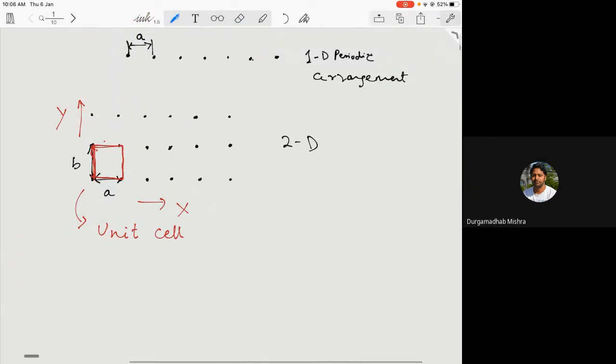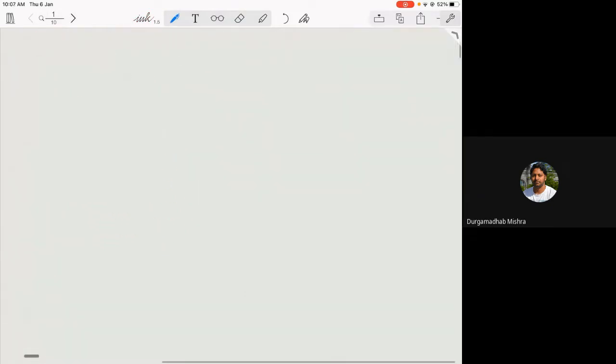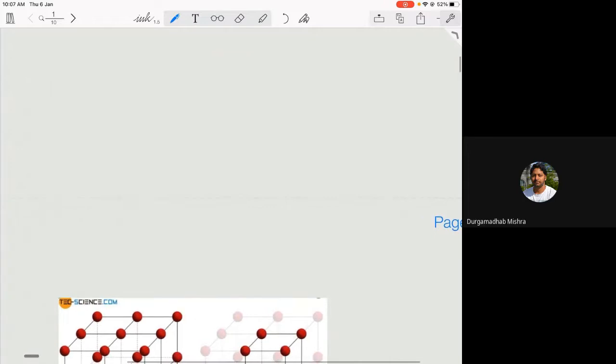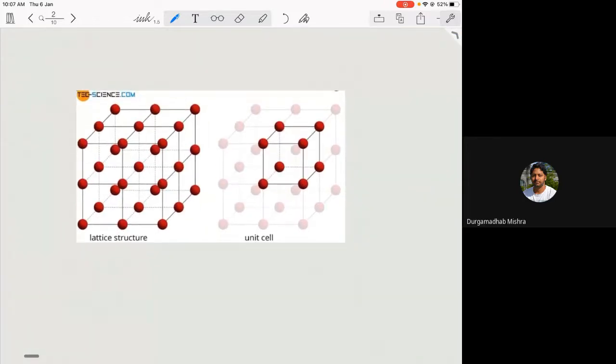So in 3D, if I extend this arrangement in three dimensions, on the left-hand side what you see is an arrangement of atoms, extended over the x, y, and z directions.